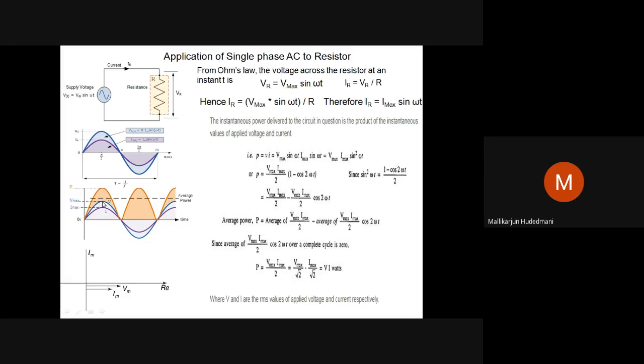The product of peak Vm and peak Im becomes Pm. So there is a point here. From 0 to pi by 2, if I keep on multiplying the instantaneous values of voltage and current, it creates dot, dot, dot, dot, and it makes a profile like this. Because it is sinusoidally varying, it also creates a sinusoidally varying profile of power. When I join them collectively, it represents the power wave.